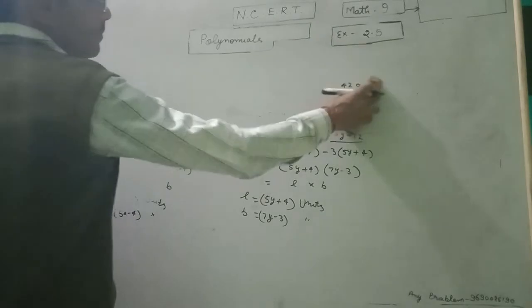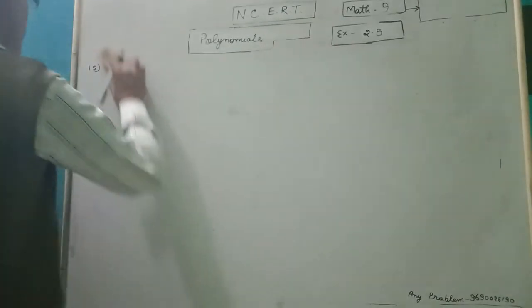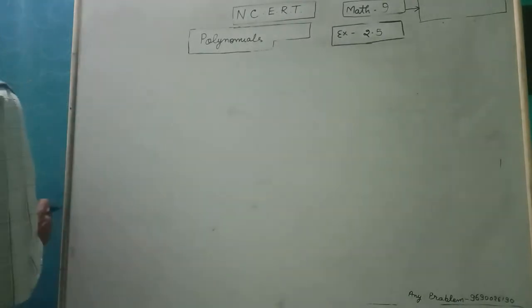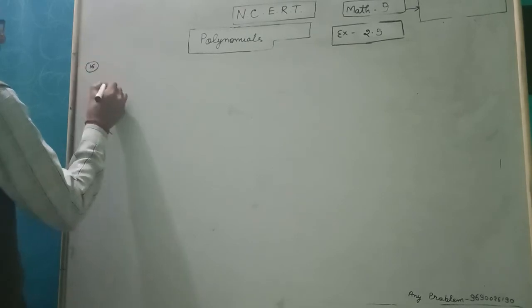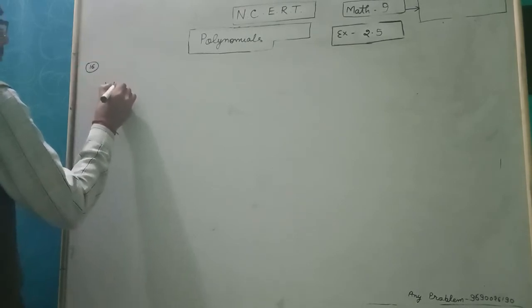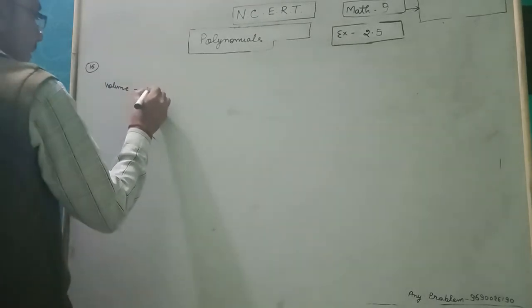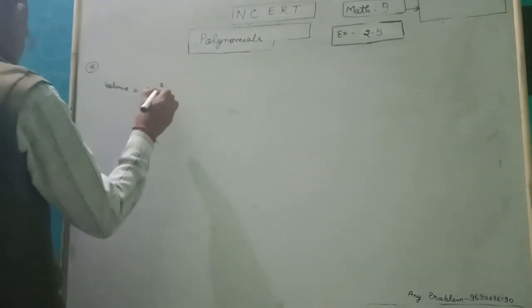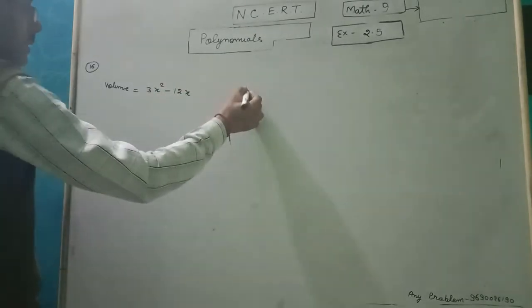Question 16 is: given the volume of the cuboid. First part, volume is 3x² - 12x.